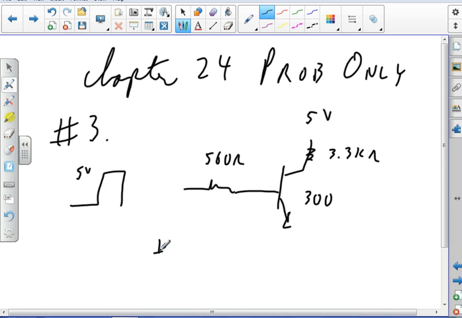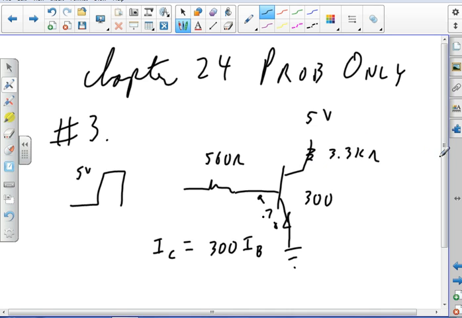Let's see. The current through the collector is going to be 300 times the current through the base. That's what that's telling us, right? Basically. All right. And I've got a voltage drop here of 0.7 across that diode, and I've got some current flowing. When this guy gets real high, then I'm going to have current flowing through there.